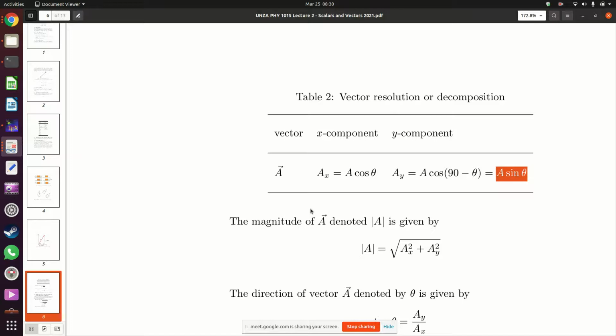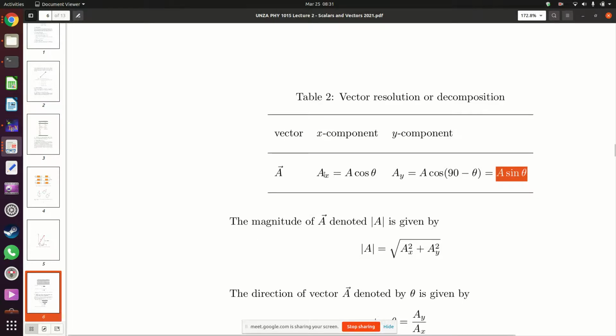Now something interesting happens. If you know AX and you know AY, you can actually use them to find the size of a vector, because remember, a vector has magnitude and direction. Whenever you're talking about a vector, you have to find out what's the size of this vector and in what direction it is pointing.